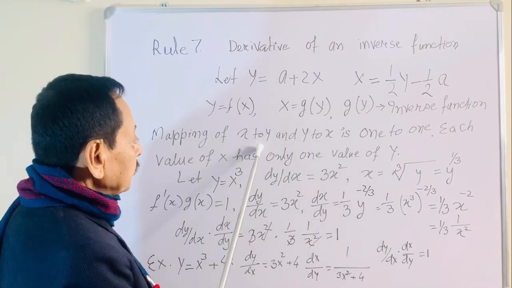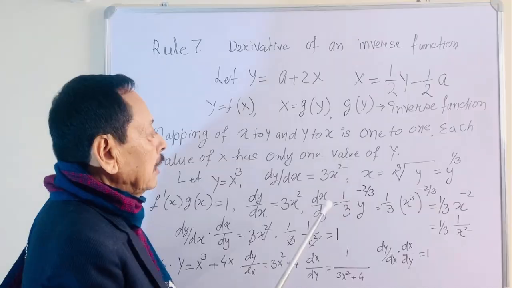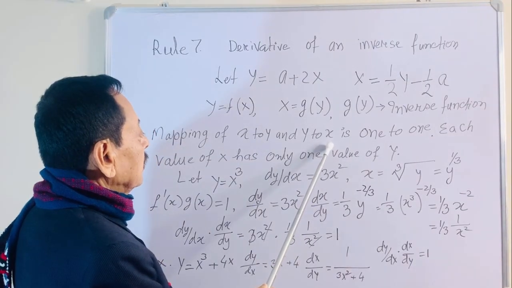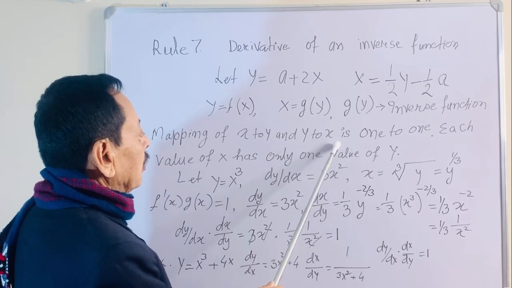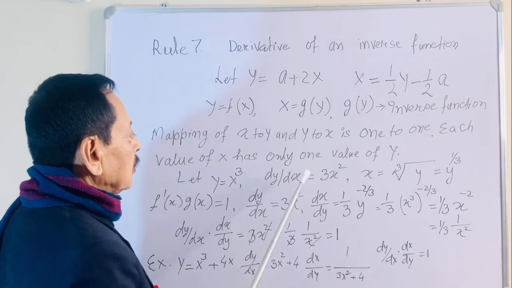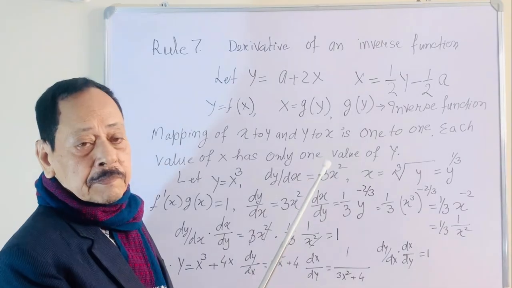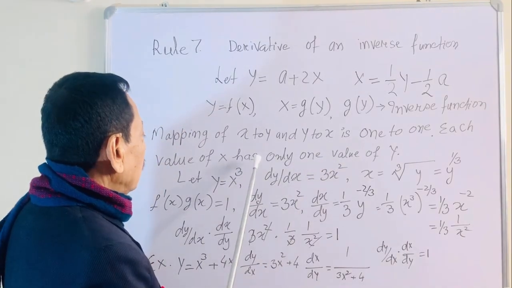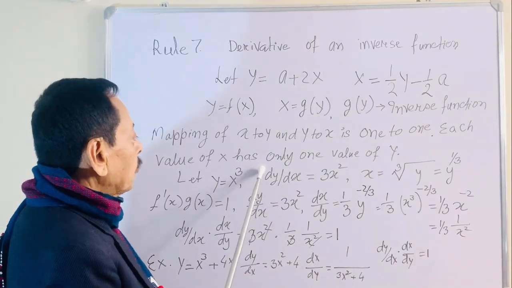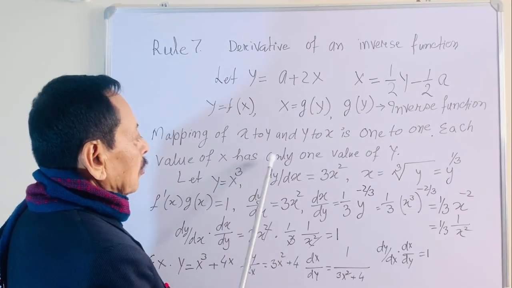So at different levels of x, we will not get the same level of y. So when x1 level of input is applied, y1 level of output is produced. When x2 level of input is applied, y2 level of output will be produced. So this is called 1 to 1.